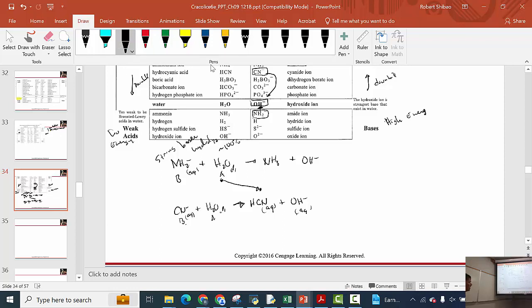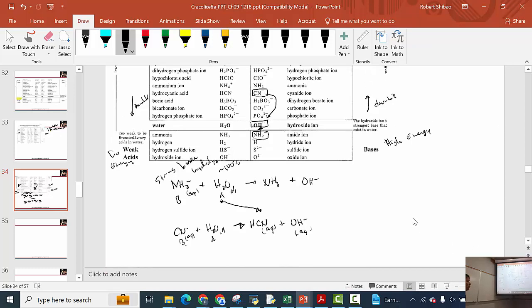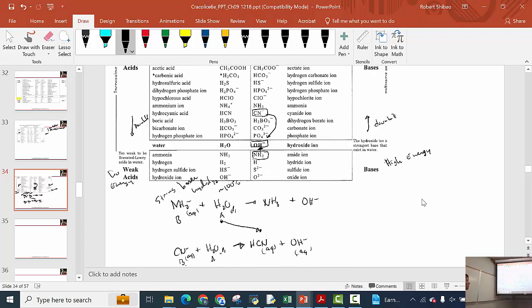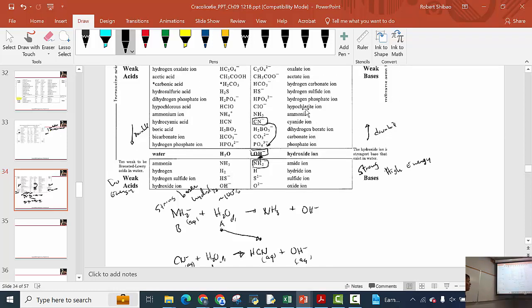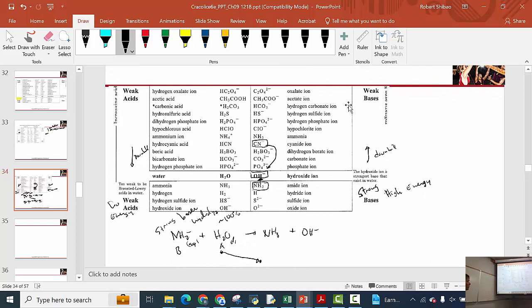Potential and kinetic. This is not high kinetic energy. This must mean it's high potential energy. High potential energy relative to what? Relative to the weak bases. These are the strong bases here. The weak bases are going to be low potential energy. And so as we go up here, it gets weaker and weaker.